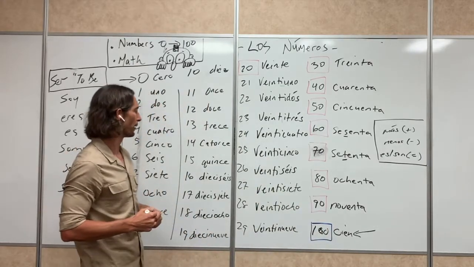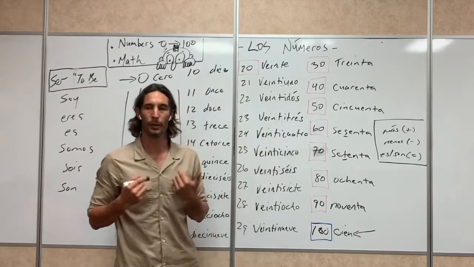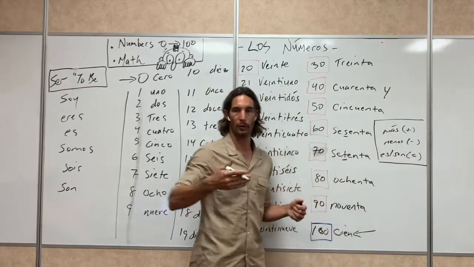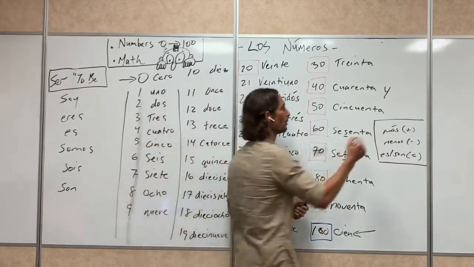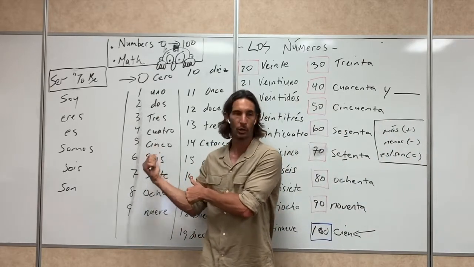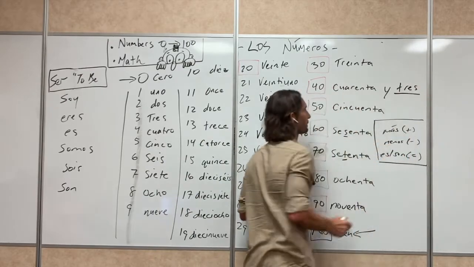The other thing I want to bring your attention to is, so for example, with 40, if you want to say 41 through 49, for example, it will be 40 y, and then one of these numbers over here. So for example, 43 would be 40 y 3, right?